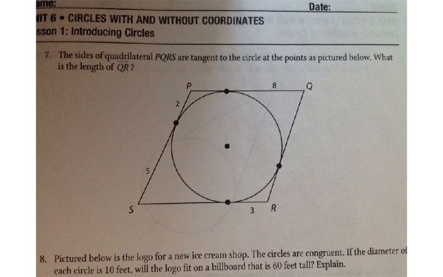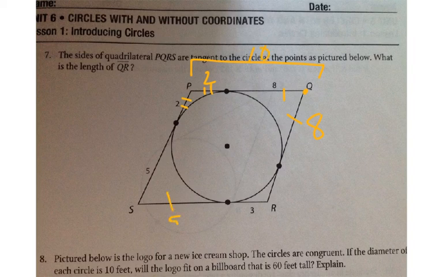Alright, number 7 says, the sides of quadrilateral PQRS are tangent to the circle at the points as pictured below. What is the length of QR? So the idea here is, since they're sharing a point here, those are congruent, so that's going to be 8. Those two are congruent, so that would be 2. So PQ would be 10.